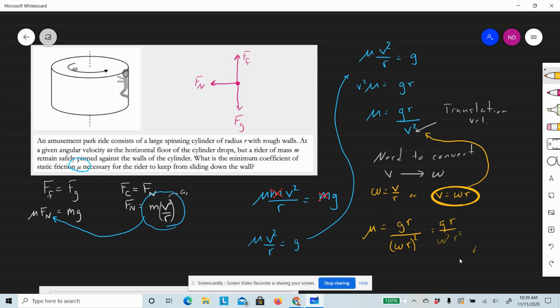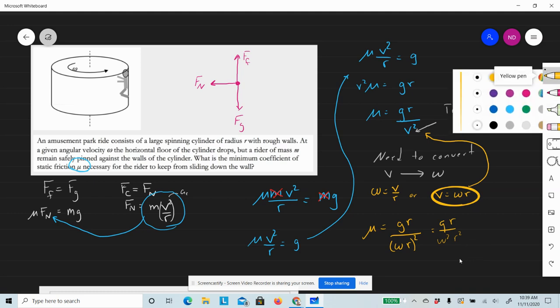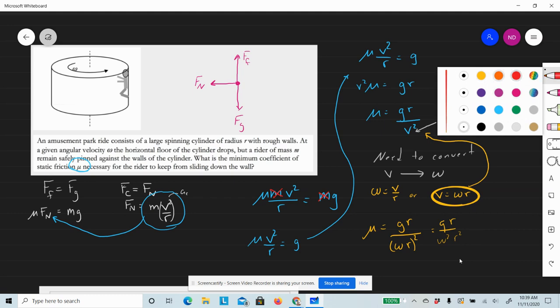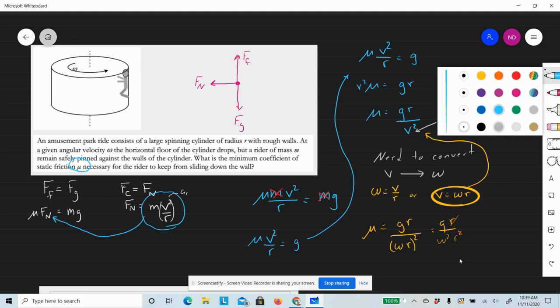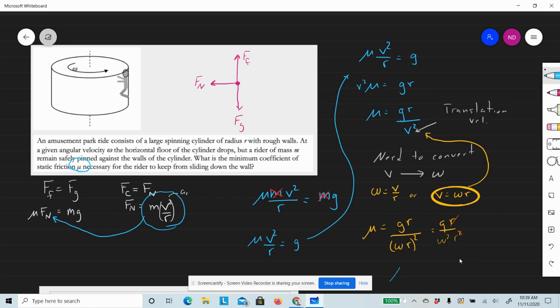Now we can simplify all of that. One of the r's cancels out. We can get this r to cancel out one of those r's, and we will end up with the final answer after all of this work. Mu is equal to g over omega squared r. That is your final answer.